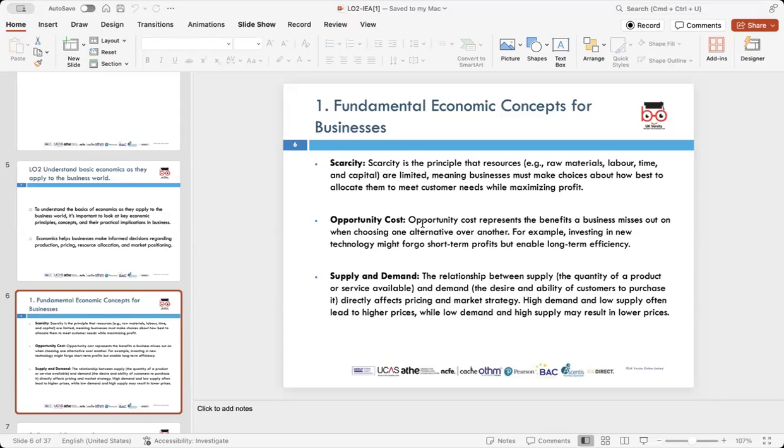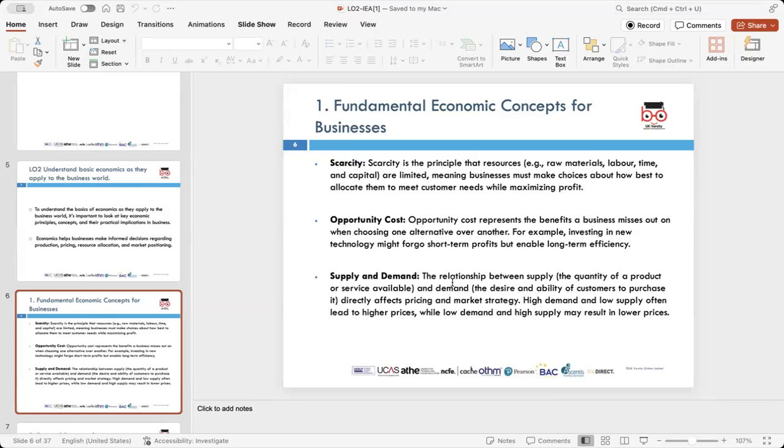For instance, a retailer deciding whether to expand into an international market must consider the opportunity cost of using those funds for domestic marketing instead. By understanding opportunity cost, businesses can make smarter financial decisions that align with their long-term goals.